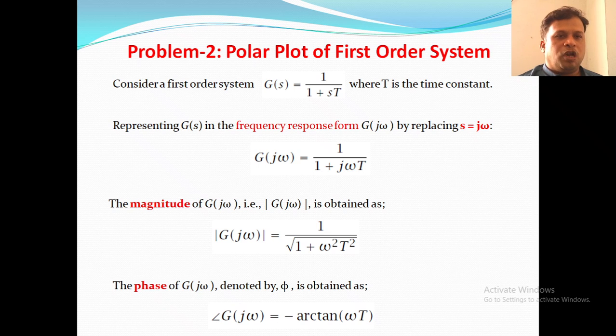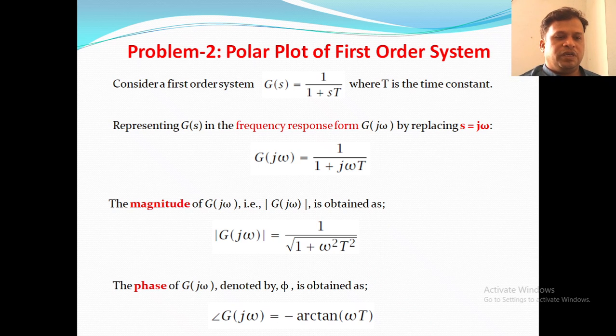Now the polar plot of a first order system. So G(s) equals 1 by 1 plus sT, where T is the time constant. Now representing G(s) in the frequency response form, G(j omega), by replacing s equals j omega, G(j omega) is equal to 1 by 1 plus j omega T. Now the magnitude of G(j omega), that is |G(j omega)|, is obtained as 1 by square root of 1 plus omega squared T squared.